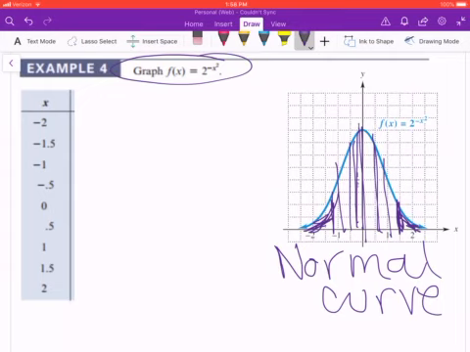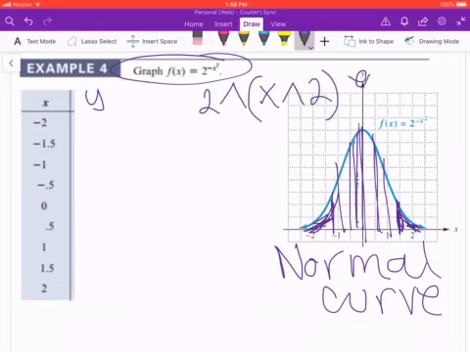If we were to complete this table, which I'm just going to write down the values, that's how you would graph it if you didn't have the graph in front of you. You will enter on your calculator 2 to the power, then in parentheses x, and then to the power 2.